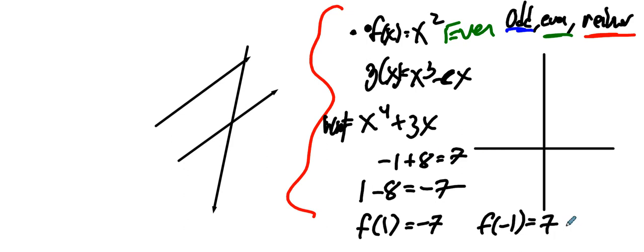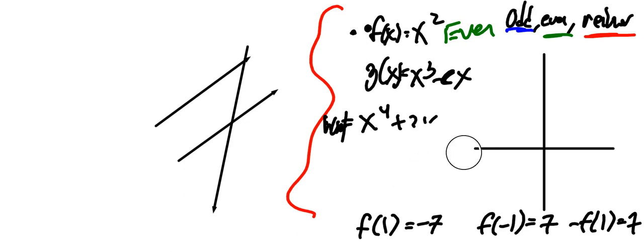What about negative f of 1? Well, f of 1 is negative 7, so negative f of 1 is just 7. So let's get rid of all the scratch work. I'll rewrite this function here.